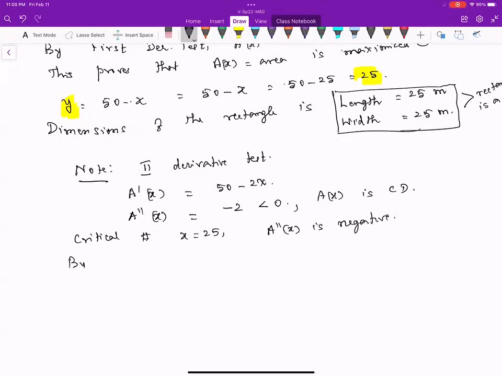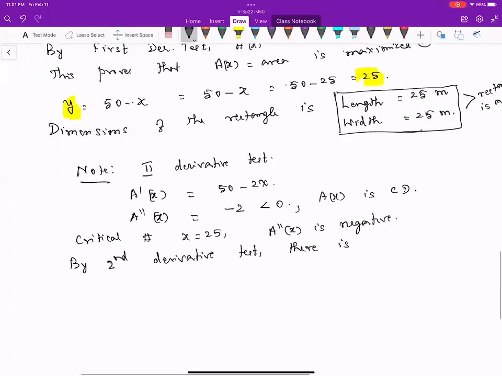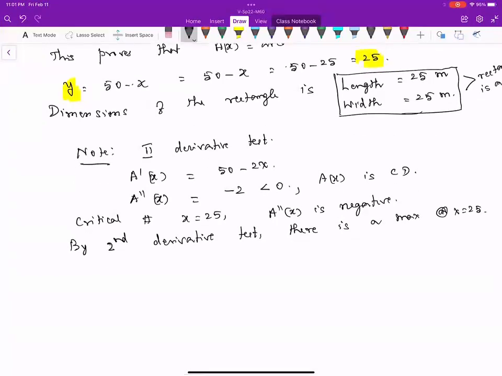So by the second derivative test, there is a maximum at x equal to 25. Right? So for the same problem, you could have also used the second derivative test to justify that the objective function is maximized.